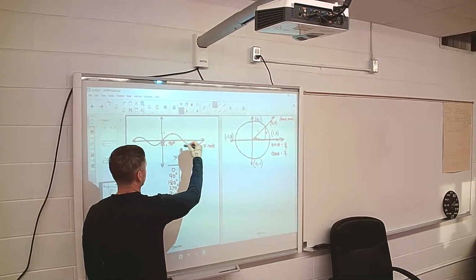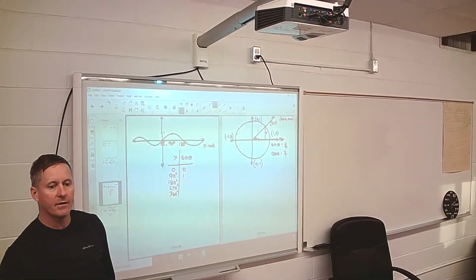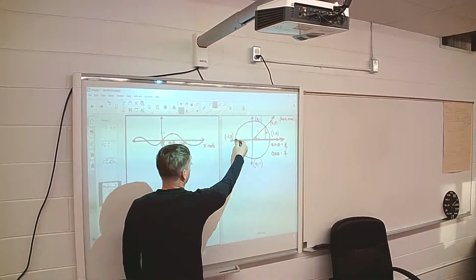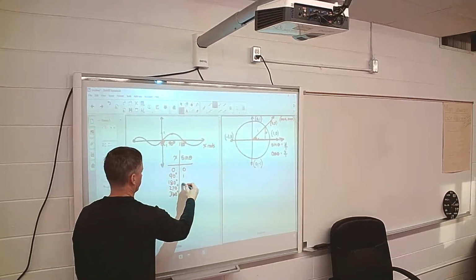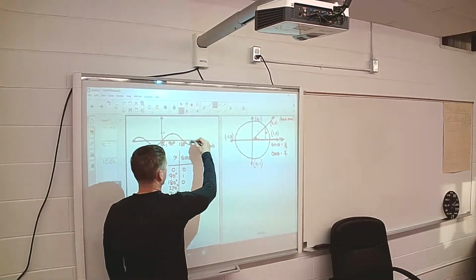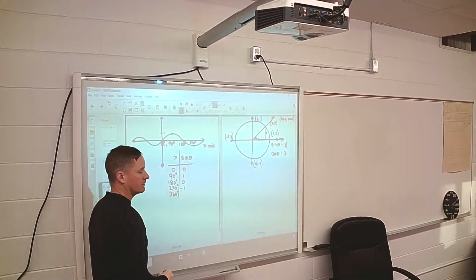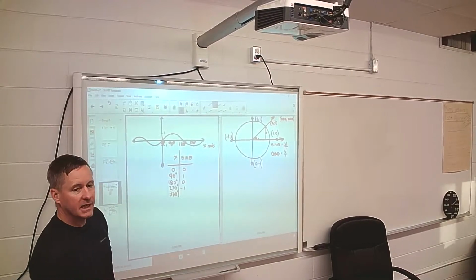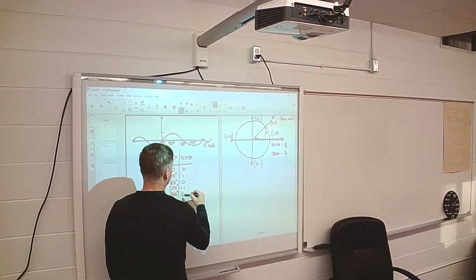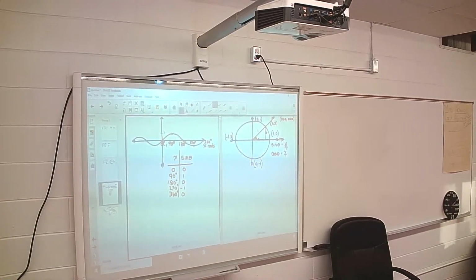This is 0 degrees. This is 180 degrees right here. At 180 degrees, what is your y value? 0. At 270 degrees, what is your y value? -1. At 360 degrees, what is your y value? Back to 0.